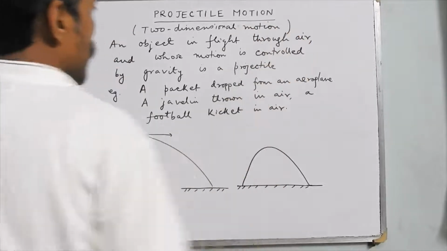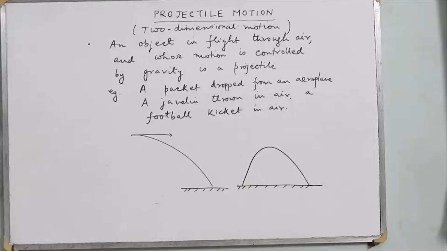We all know the equations of one-dimensional motion. So when we describe a two-dimensional motion, we will analyze it as two independent one-dimensional motions along a horizontal direction and along a vertical direction. And we will use the same equations that we frequently use for representing one-dimensional motion.